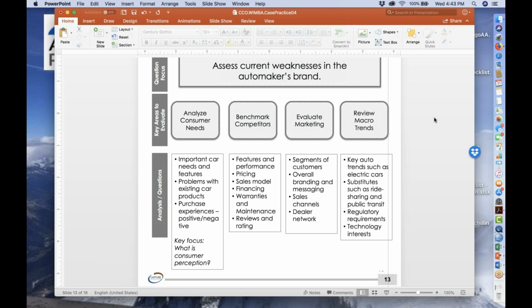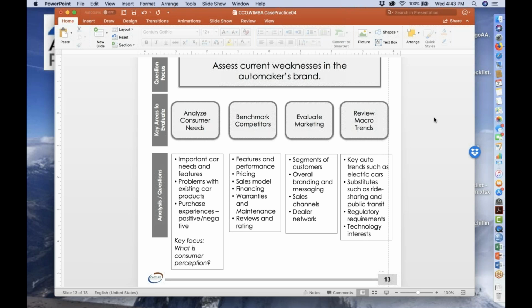So not only financials, but products, pricing, how we sell, warranties, all that stuff. Same kind of thing, evaluating the marketing, thinking about customers, thinking about the brand, the channels, the network. So again, we've hit on some of those things. And then I've got some macro trends in there as well.